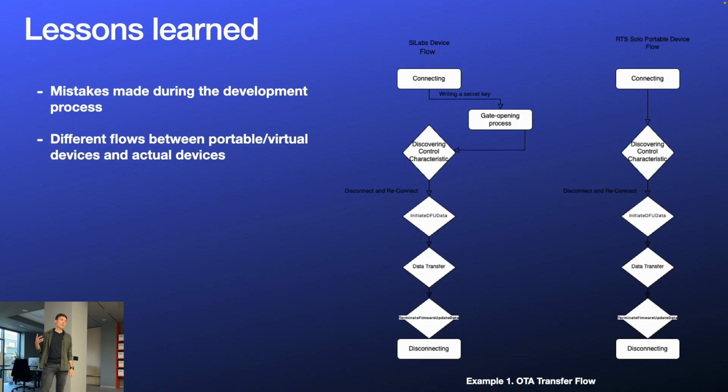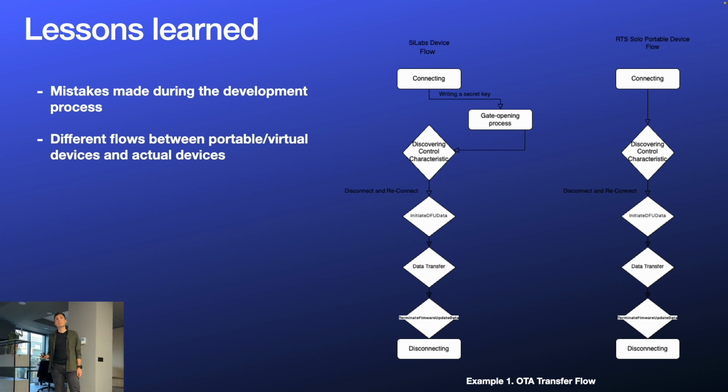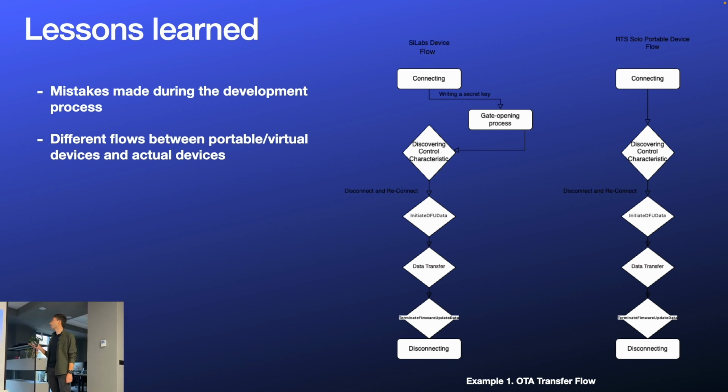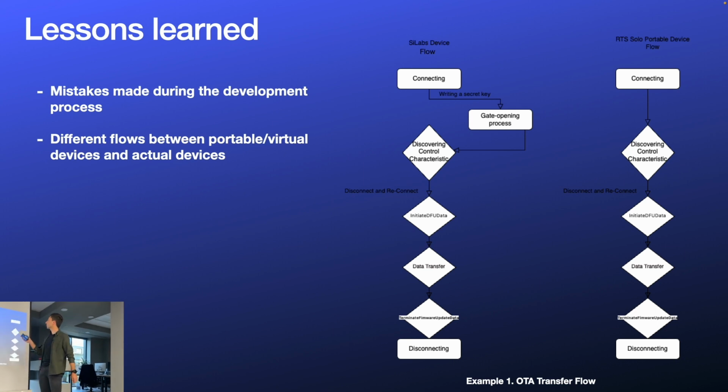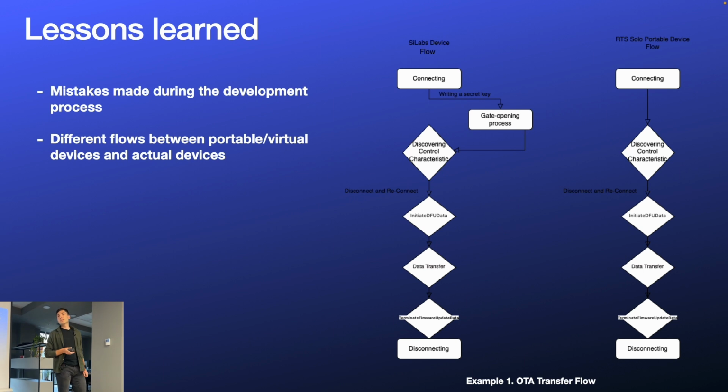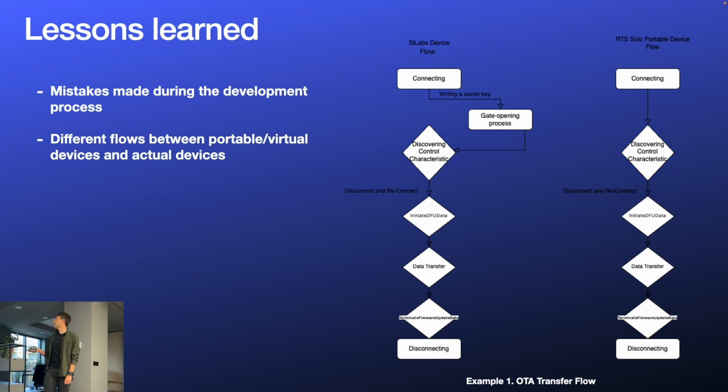Previously, I mentioned that we made some mistakes during the development process. As mentioned, for the over-the-air transfer, we use the portable device. But if the same implementation is used with the real hardware, the OTA transfer will fail. Here I have the diagram for that. On one side is the device from Silicon Labs, and on the other side is the RTS Solo device.